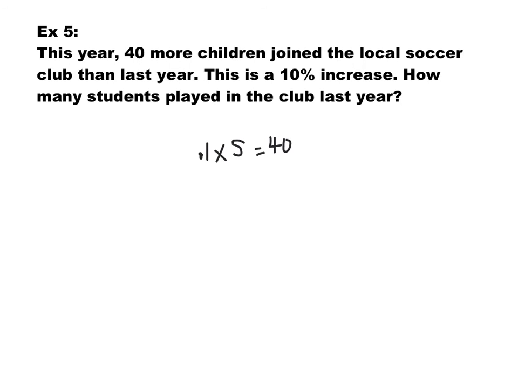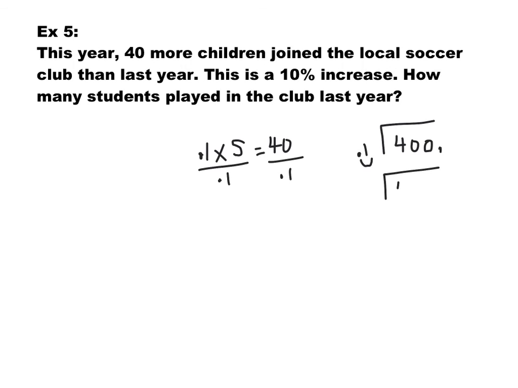Again, opposite of multiplication is division, so I divide both sides by 0.1. Again, I cannot use calculator, so I have to do the long division. 40 divided by 0.1. I need to move this decimal 1 point to the right, so I have to add a 0 here and a decimal here.